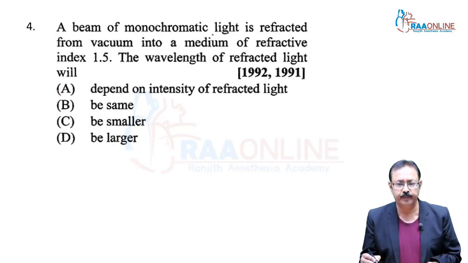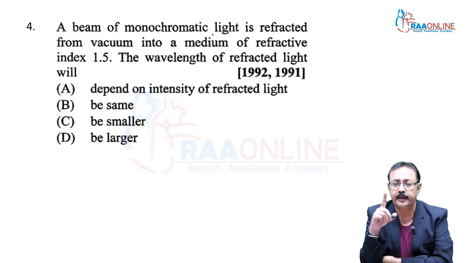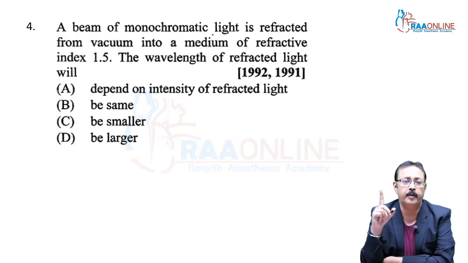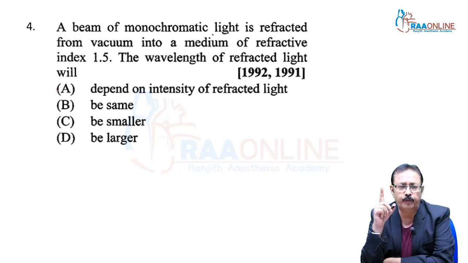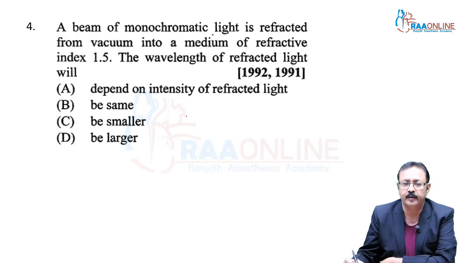Third, A. Fourth, again they asked 2 times, 91 and 92 in AIPMT. A beam of monochromatic light is refracted from vacuum into a medium of refractive index mu. The wavelength of refracted light, we just saw that. What is mu of medium?